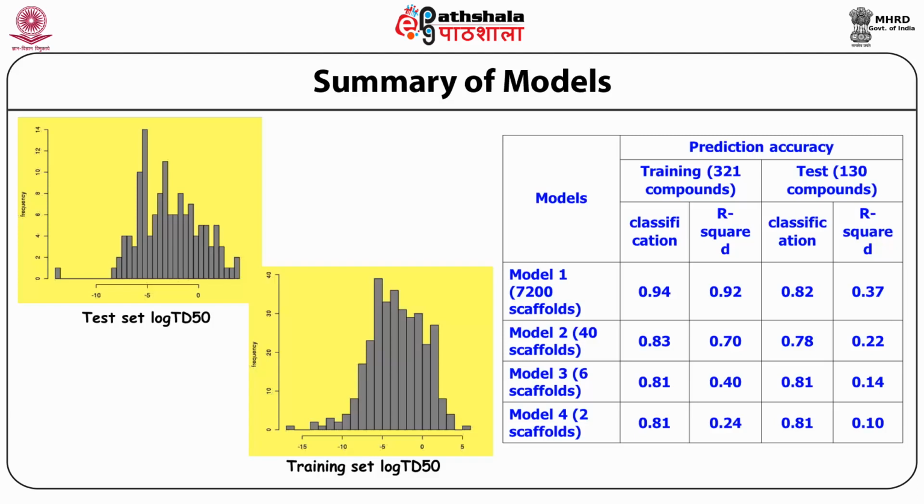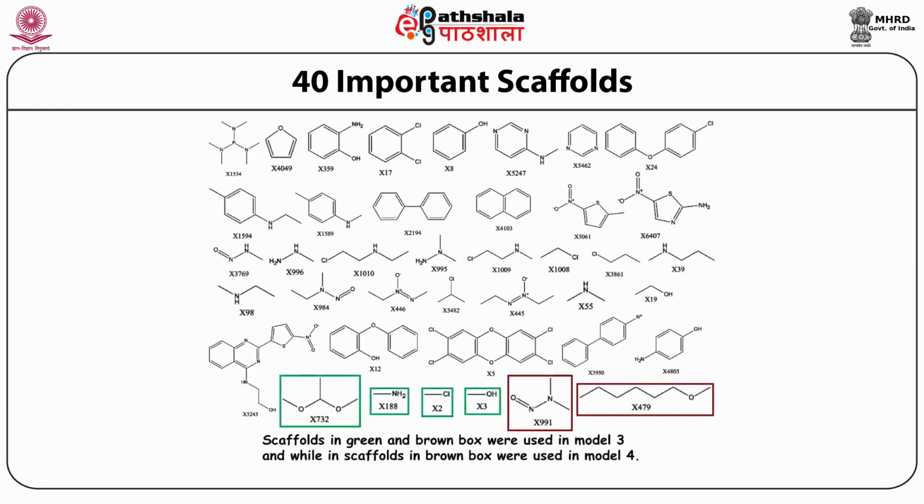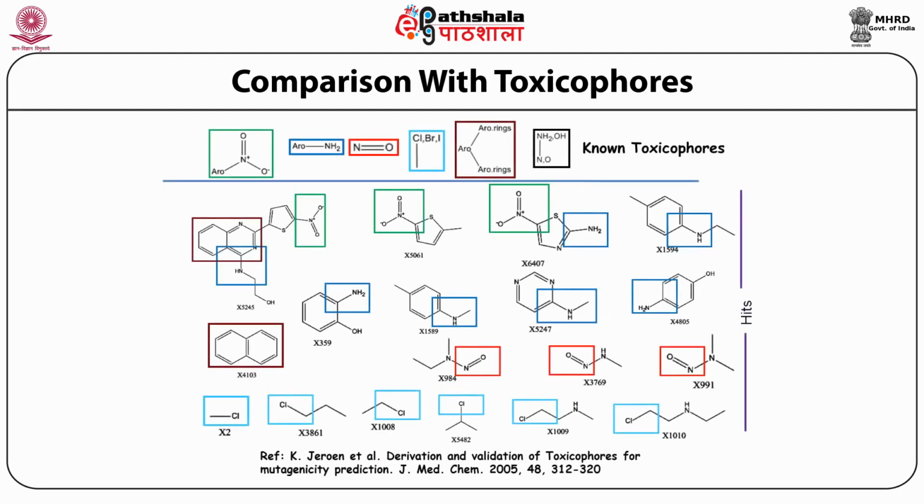But I would go on to show you the most important thing, and that is the 40 important scaffolds. For a designer, these are the most important things. We have predicted these 40 important scaffolds should be used in the modeling and should be used as a filter for scaffolds which may cause toxicity.